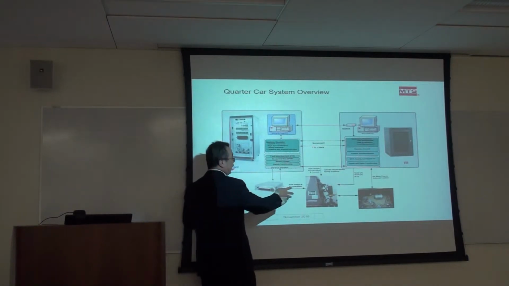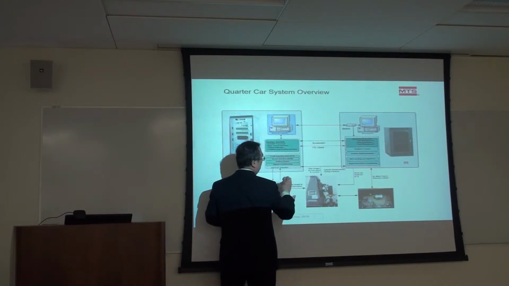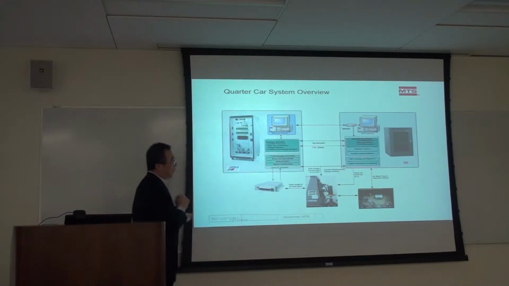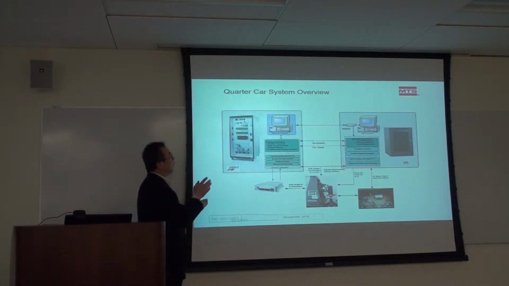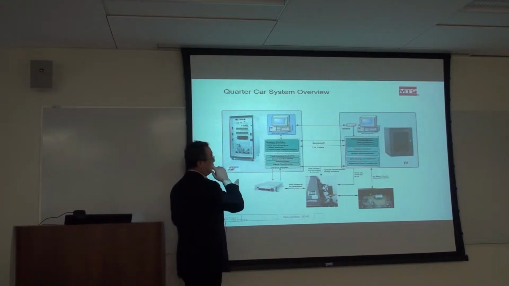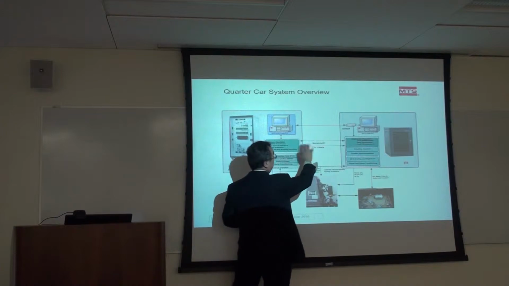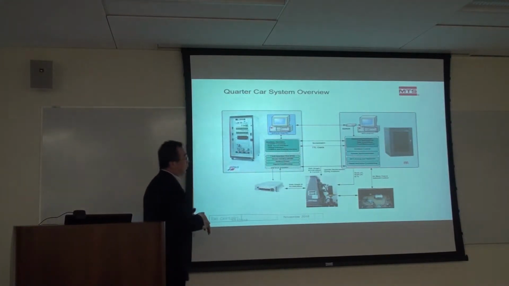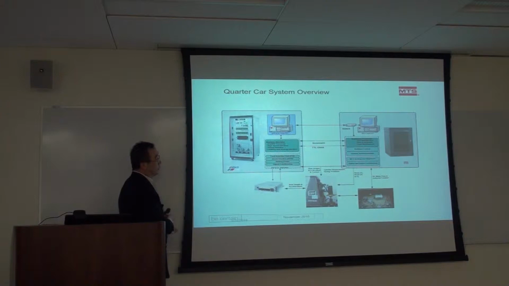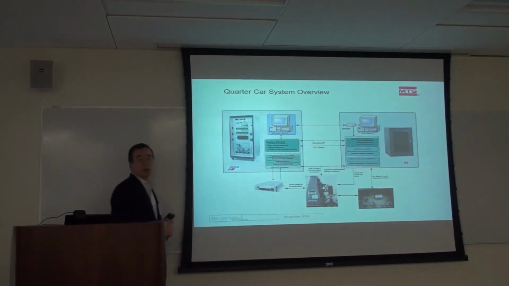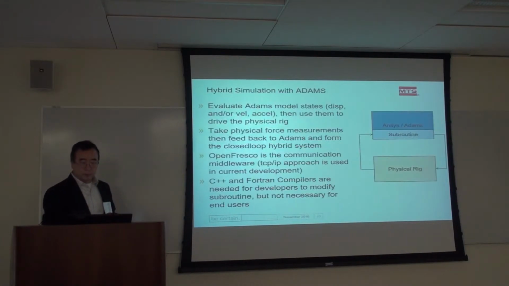This is an active suspension. So we use this quarter car system, and this is the physical substructure. The rest is in the numerical model, and the vehicle model is coupled together with SCRAMNet, running real-time hybrid simulation to optimize the suspension design. So this is another example.